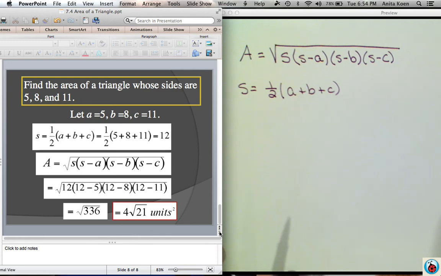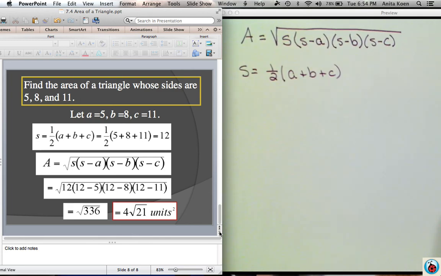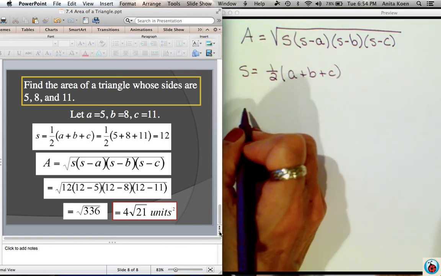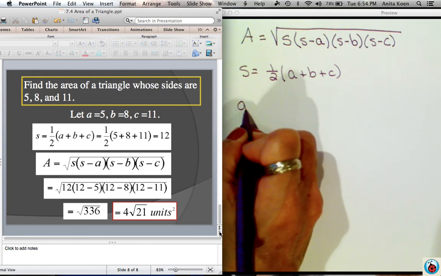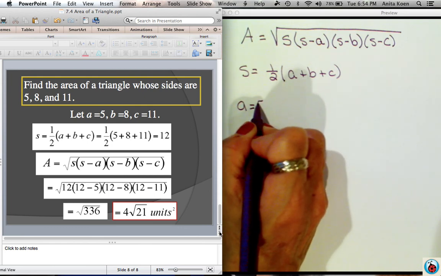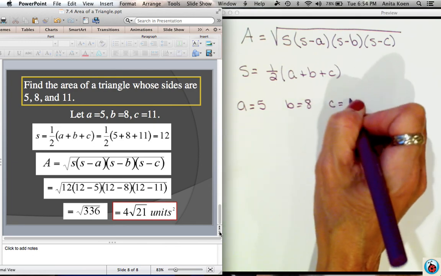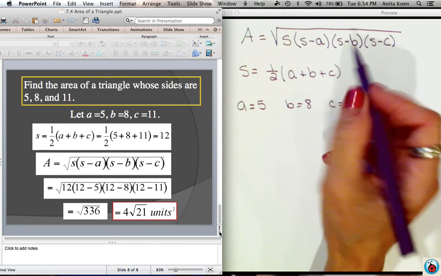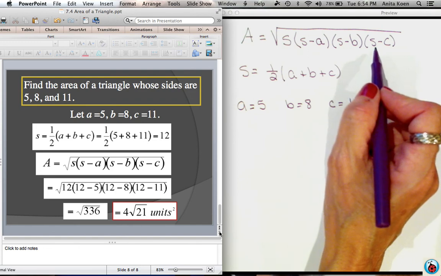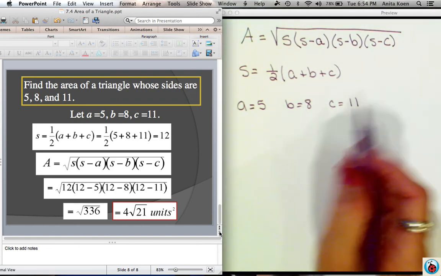So let's look at an example using Heron's formula. Find the area of a triangle whose sides are 5, 8, and 11. Well, they don't tell us which side is which, so we're just going to let a be 5, b equal 8, and c equal 11. The first thing that I'm going to do is find out what s is, because that's the only piece that I don't have.